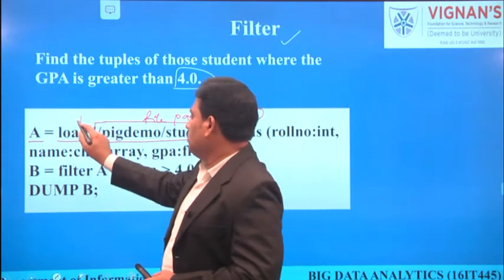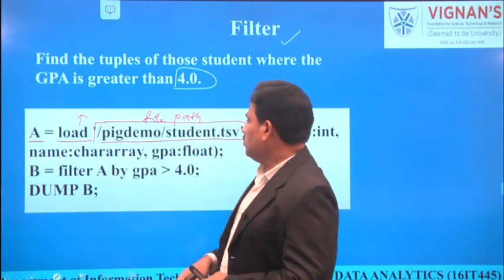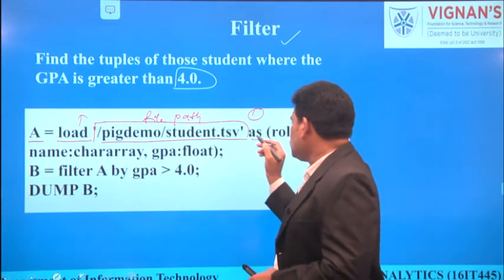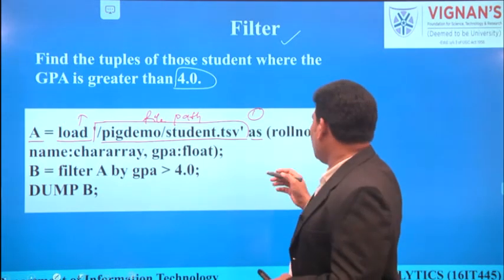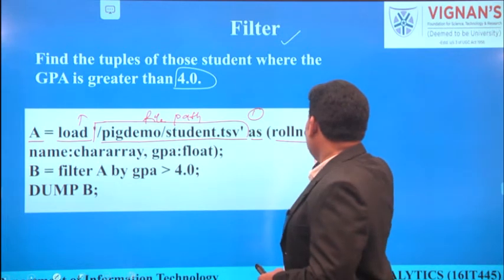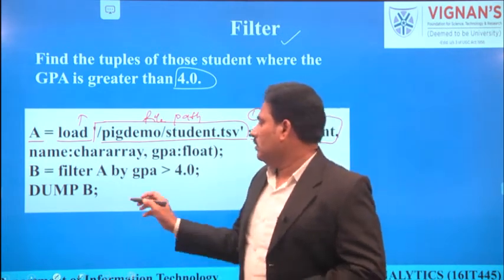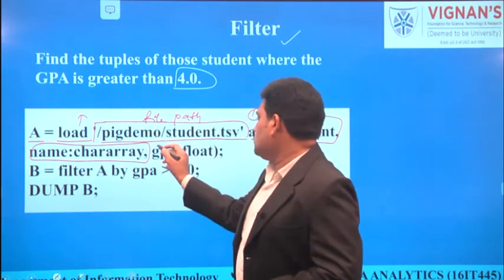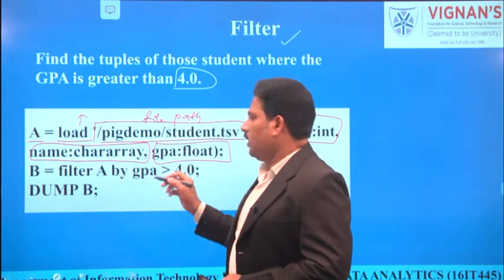Here we used the keyword load, then the required source file path, and as is a keyword. What are we loading? Roll number of type integer, name of the student as character array, and GPA as a float value.